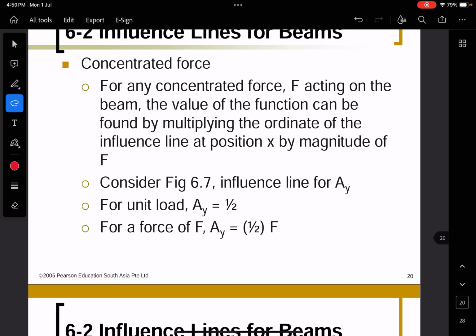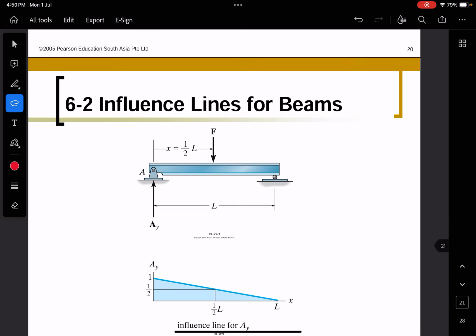Remember here, for any concentrated force F acting on the beam, the value of the function can be found by multiplying the ordinate of the influence line at that position by the magnitude of F. So let's say consider figure 6.7 here.